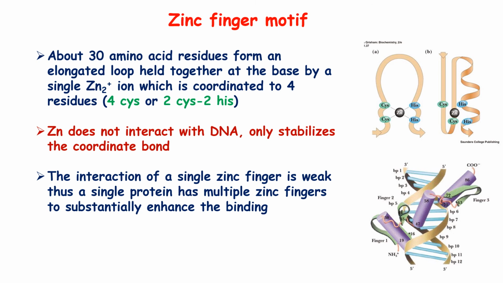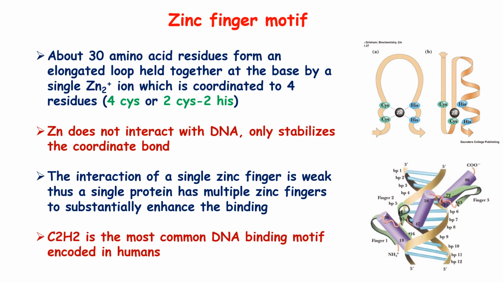In order to have an effective, stronger binding, the regulatory protein which has the zinc finger motif has multiple zinc finger motifs in it so that all of them coordinately bind to the DNA, and hence there is a substantially enhanced binding of the regulatory protein to the DNA. The most common configuration observed in humans in zinc finger motif proteins is C2H2 instead of C4.